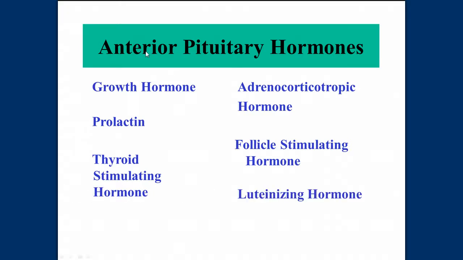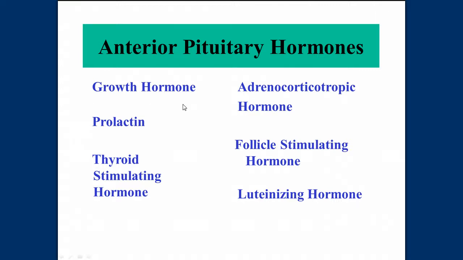Now, in the anterior pituitary, there are 5 different types of epithelial cells. Now, we talked a little bit about tissues, and epithelial cells are what make up your skin. But epithelial cells are also found in glands. And there are 5 different types of epithelial cells in the anterior pituitary gland.